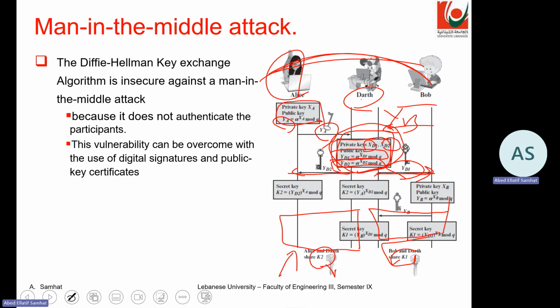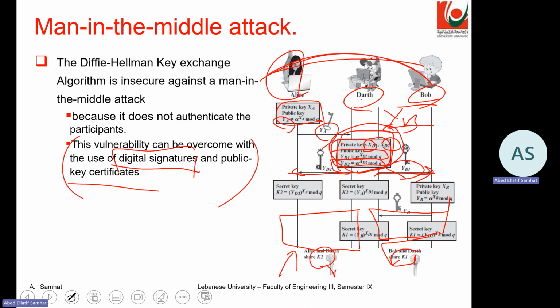So how do we avoid this problem? As we will see, Bob should authenticate the message coming from Darth to be sure whether it is from Alice or not. In this case, we should use what we call digital signatures and certificates, and we will see them in two chapters.